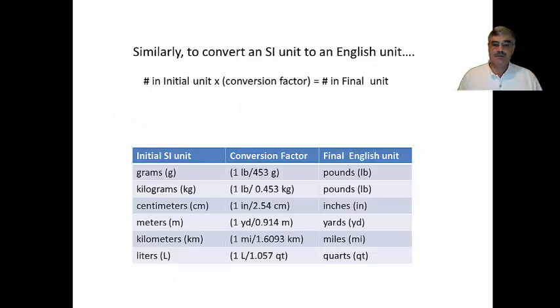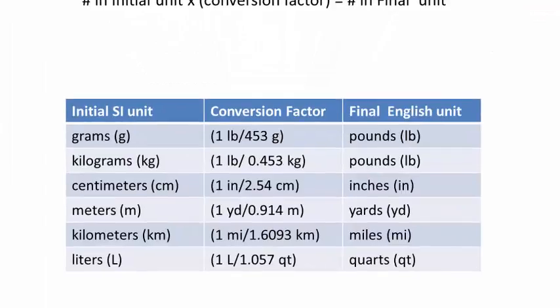Now similarly, we can go the other way around. We can go from an SI unit, grams, kilograms, centimeters, meters, kilometers, liters, to an English unit, which we may be more familiar with: pounds, inches, yards, miles, quarts. We work the same way.